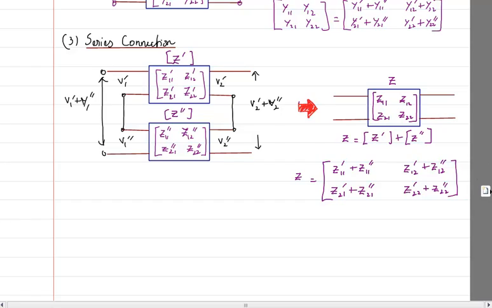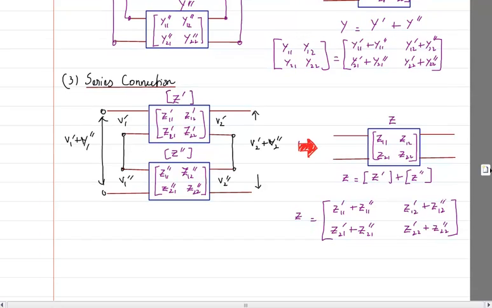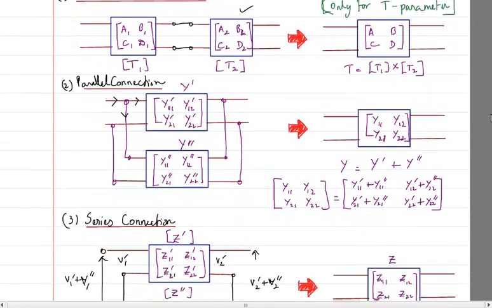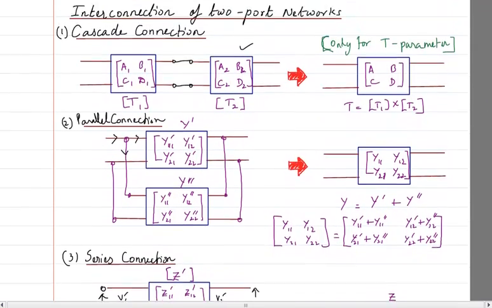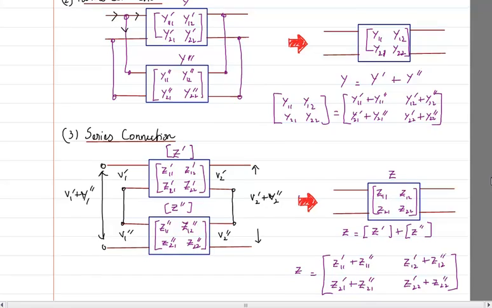And that is what is going to be our total z parameter of the two port networks which are connected in series. So these are the three connections. Remember, this one is not in your syllabus. I taught you this because for solving problems, cascade connection is really useful, and even parallel connection and series connection are also very, very useful.